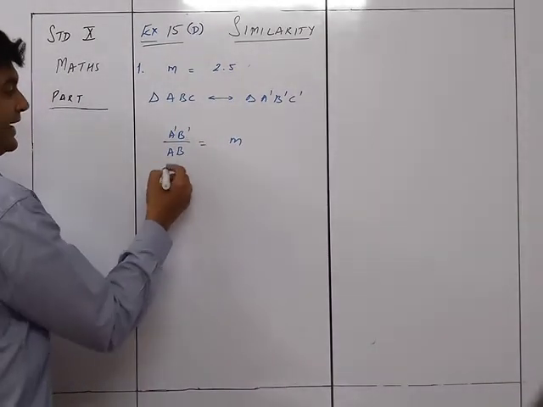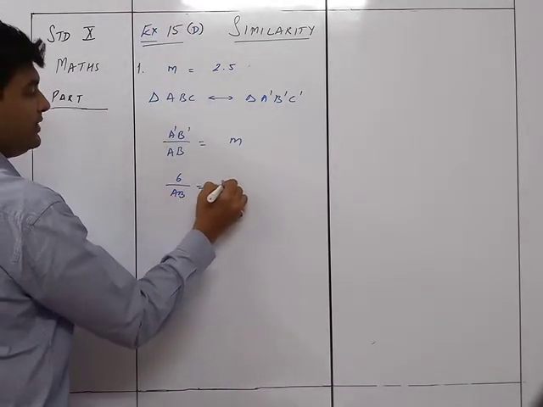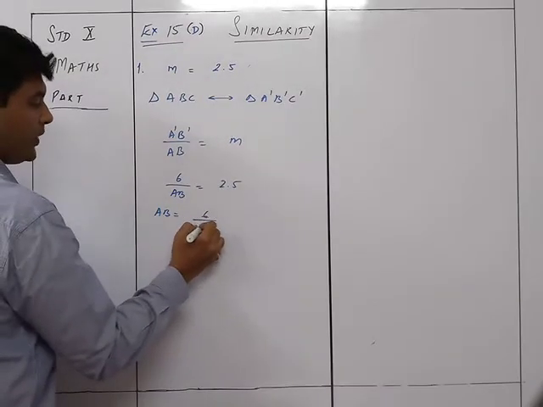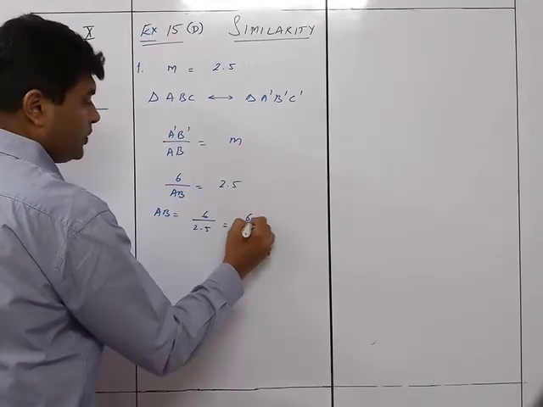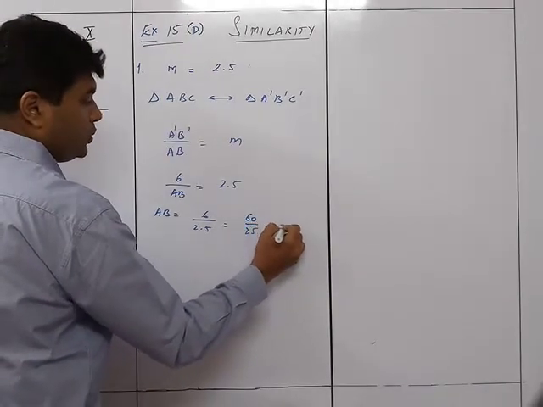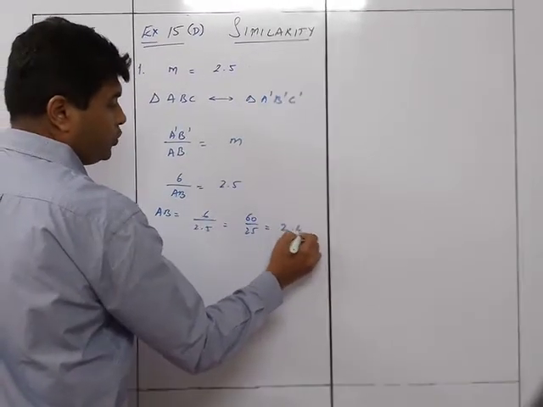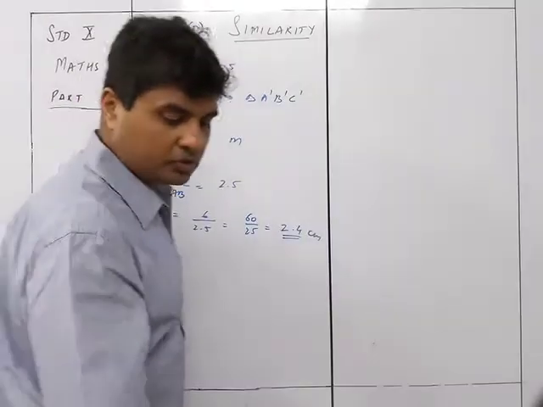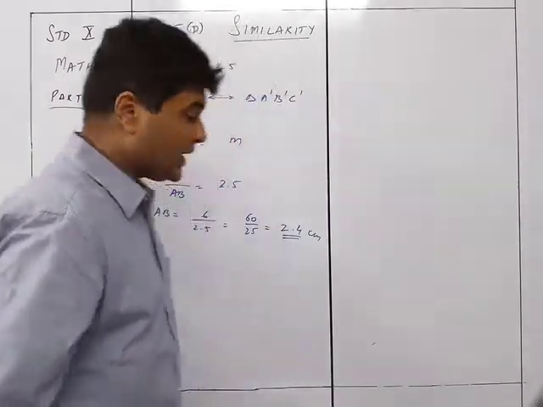It is given that A dash B dash is 6 and we need to find AB when m is equal to 2.5. So AB will be equal to 6 upon 2.5, that will be 60 upon 25, which is 2.4 centimeters. Okay, so exercise 15D, first sum is 2.4.